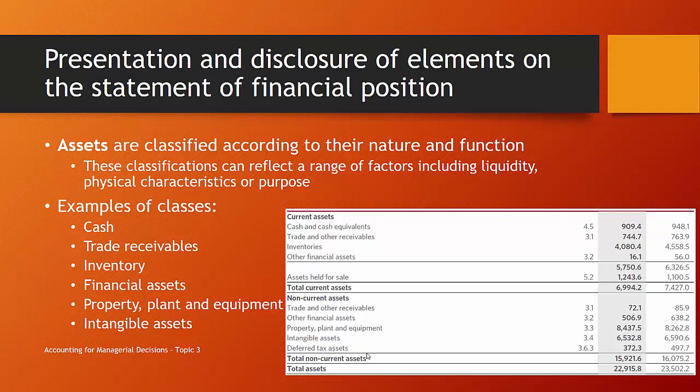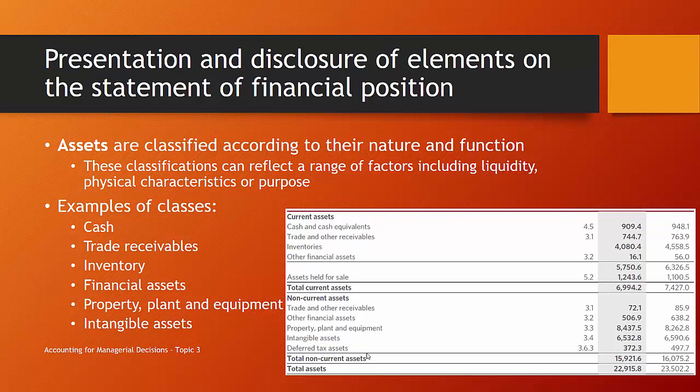If you are interested, please get in touch. Trade and other receivables, we've talked about. Other financial, we don't know what they happen to be, but you could look them up. Property, plant, and equipment, the big portion of them. So $8.5 billion of their assets, of the $22.9 billion is PPE, and a significant portion are intangible assets.